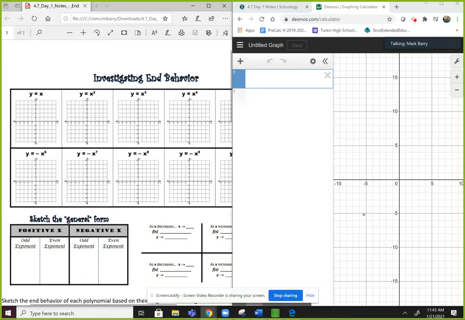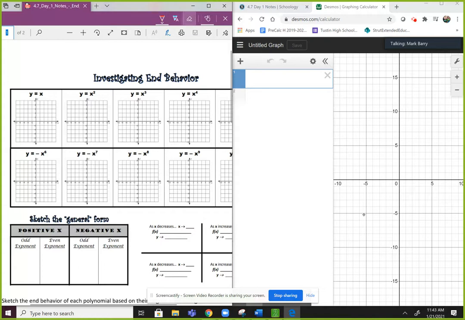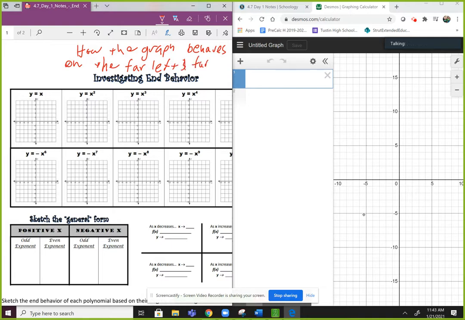So let's go ahead and define that up here. How the graph behaves on the far left and far right.